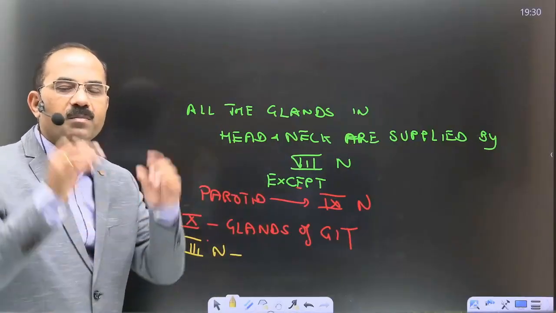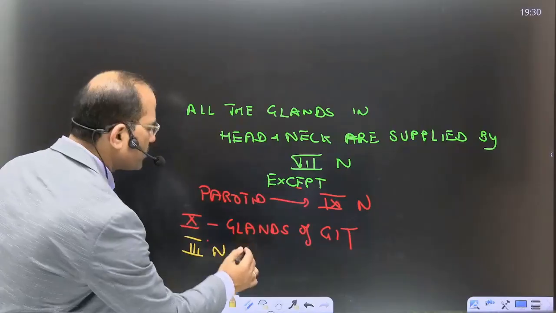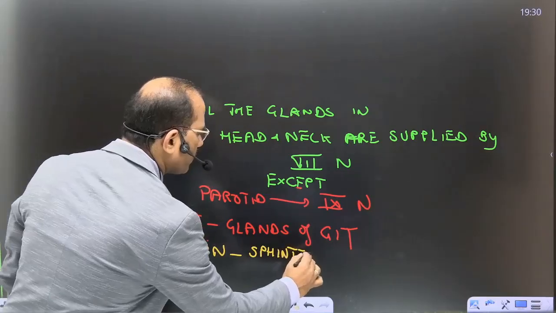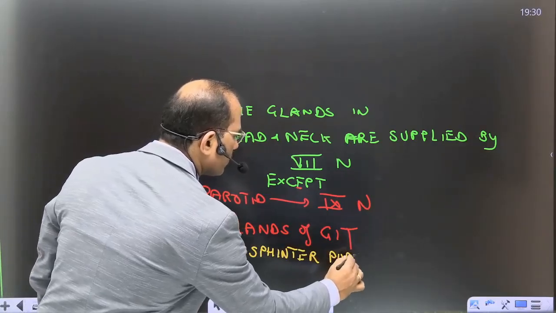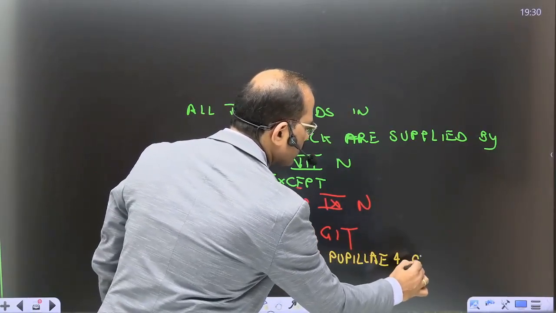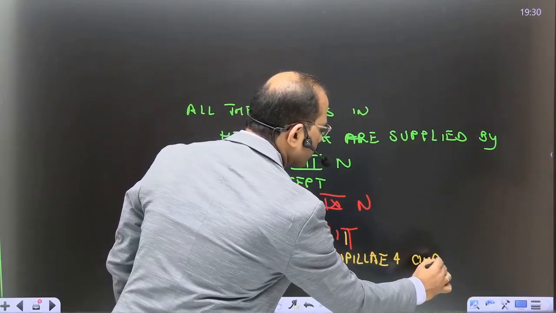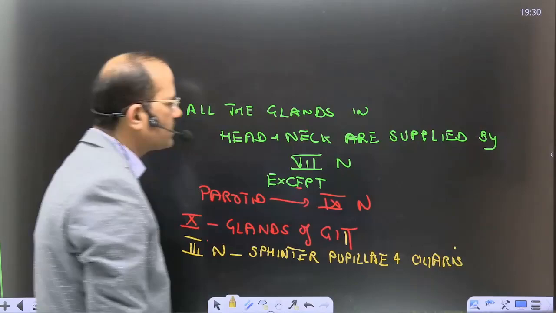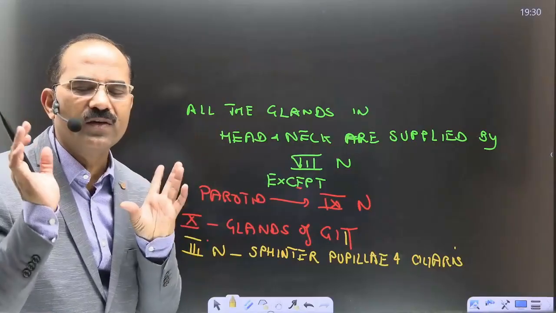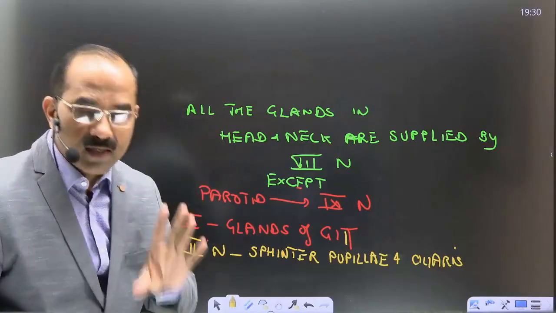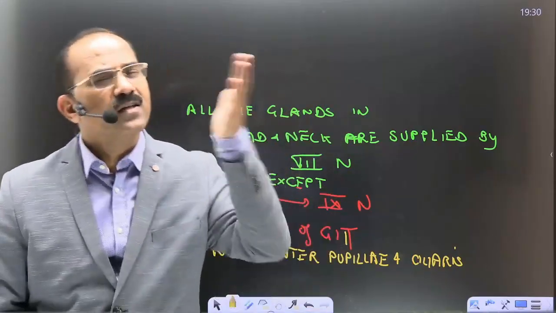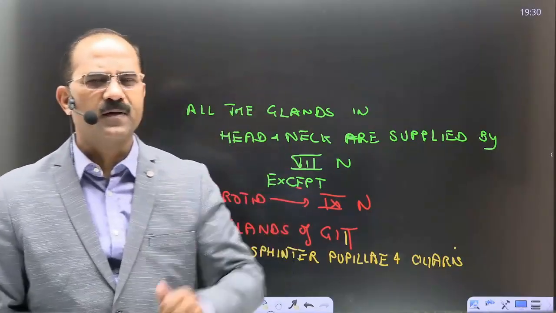That's the sphincter pupillae and ciliaris muscle. Are you able to follow this? The only exception is the third nerve. Third nerve does not supply any glands, but it supplies two muscles which are parasympathetic in nature, the sphincter pupillae and the ciliaris muscle.